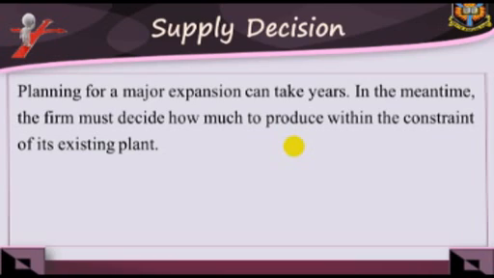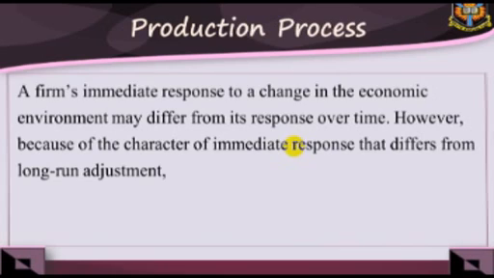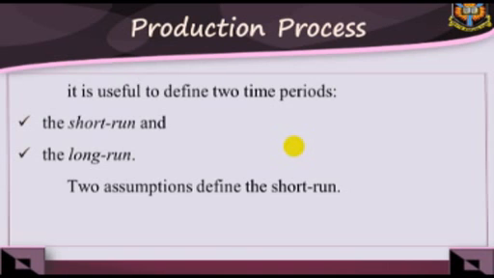A firm's immediate response to a change in the economic environment may differ from its response over time. However, because the character of immediate response differs from long-run adjustment, it is useful to define two time periods, the short run and the long run.